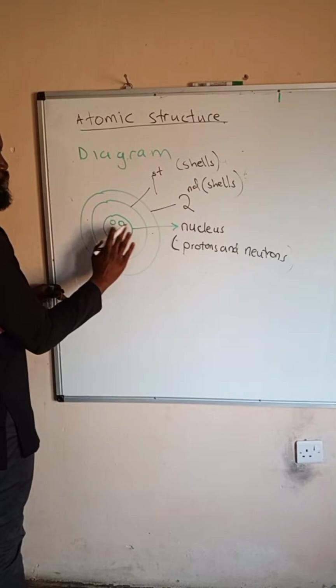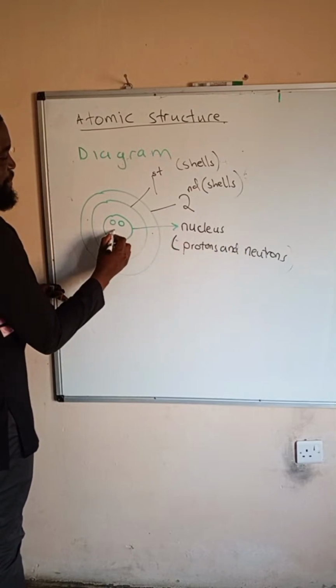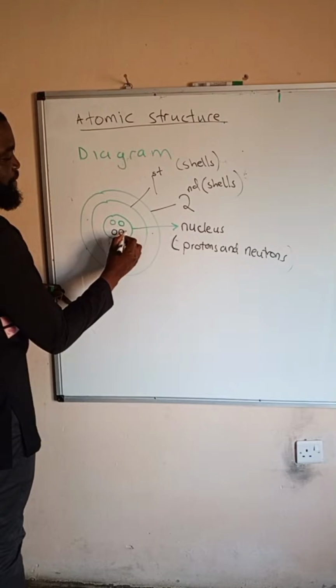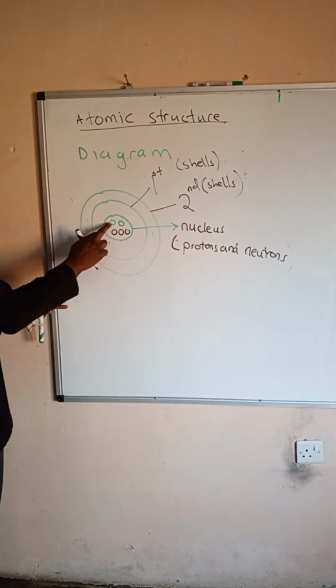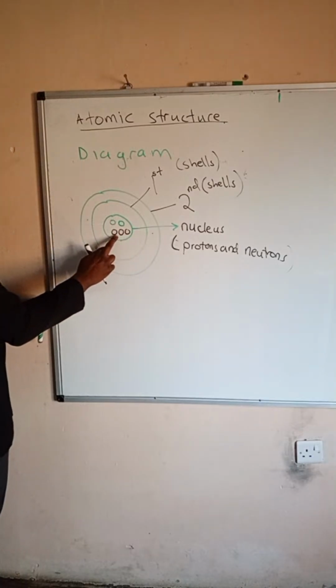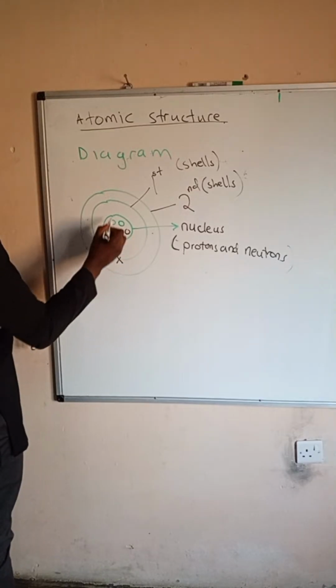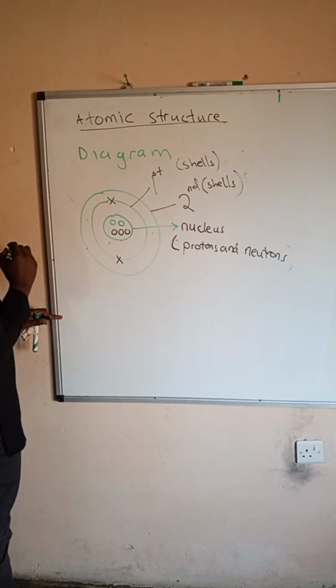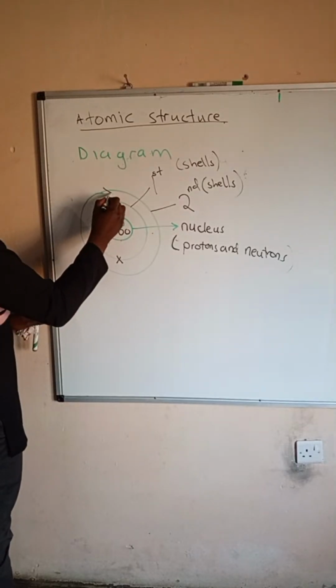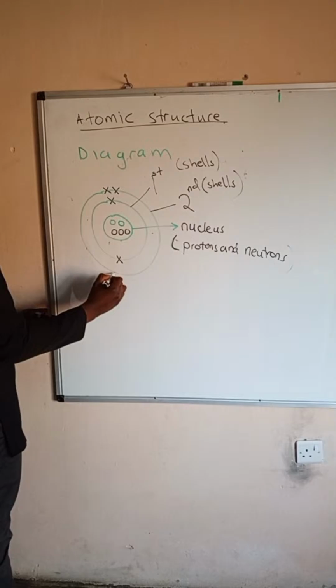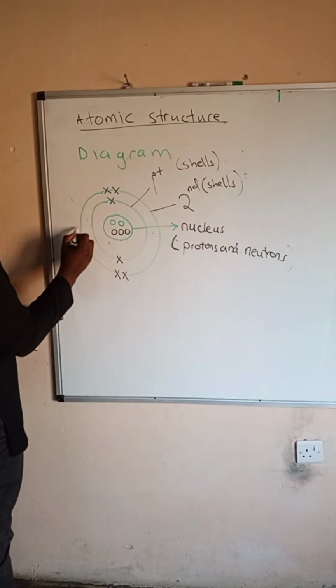And then neutrons, maybe let me put black will represent the neutrons. So there are 2 protons, 3 neutrons. And then in the shells, I'll use a star to represent electrons.